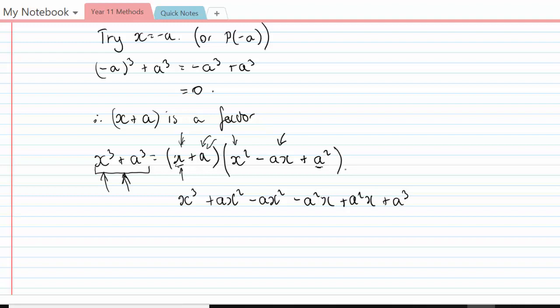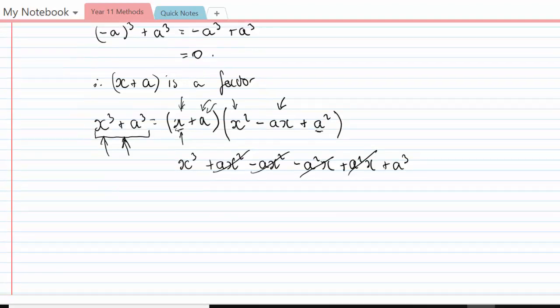So you can see I've got plus ax squared minus ax squared, so they cancel out. I've also got minus a squared x and plus a squared x, so they cancel out. And I'm just left with x cubed plus a cubed. So that's exactly what we need to do in order to prove that is the rule.